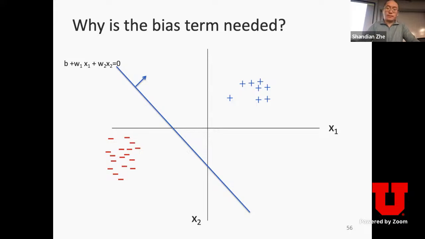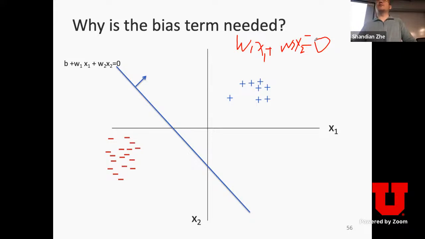Oh yeah, okay, that makes sense from this perspective. But we can think about, if we get rid of the bias term b, where will this classification boundary be? That means my classification boundary will always be W1 X1 plus W2 X2 equals 0.